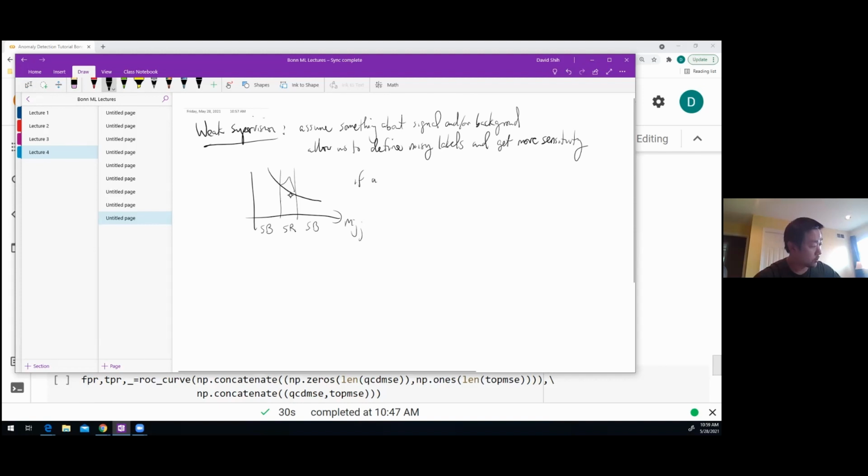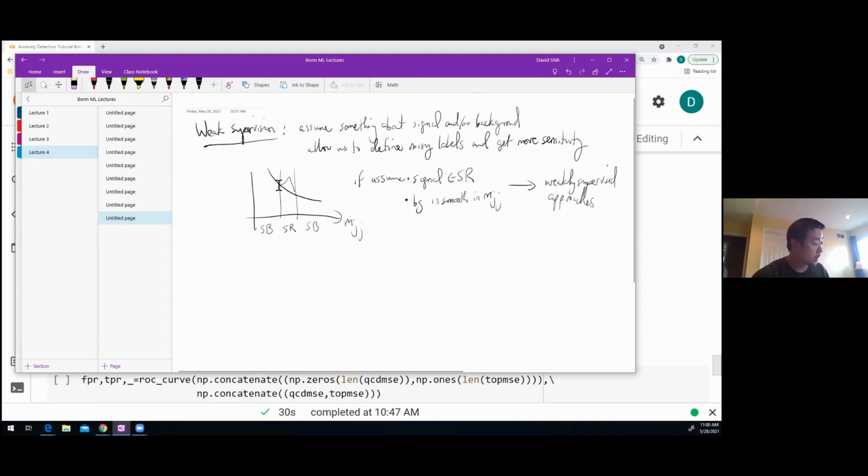So if I assume that the signal lives in the signal region and that the background is smooth in MJJ, so 2 assumptions, then I can do many more things. Then I can do weakly supervised approaches.